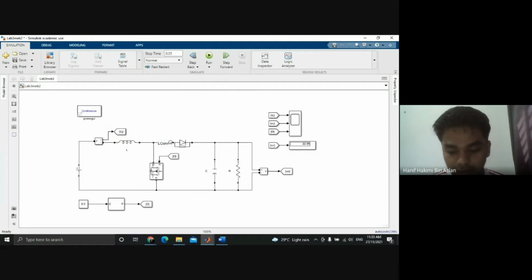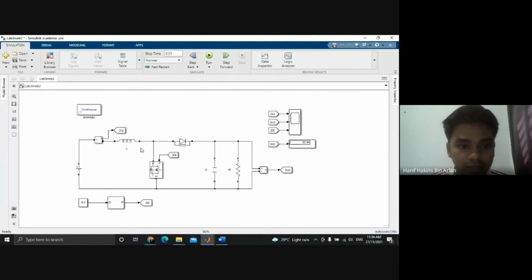The tools that we use in this simulation are MOSFET, DC voltage source, voltage measurement, current measurement, pulse generator, scope, powergui, series RLC branch, and other required blocks such as Goto and From. So this is the simulation that we have already done.